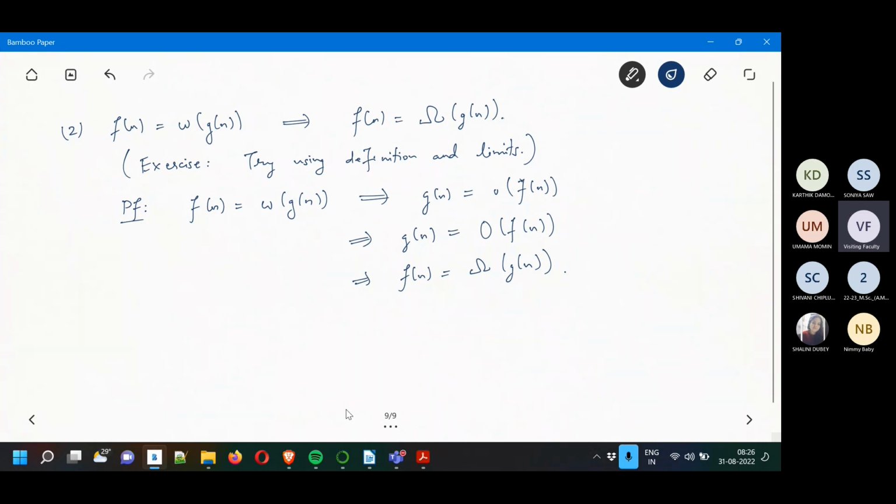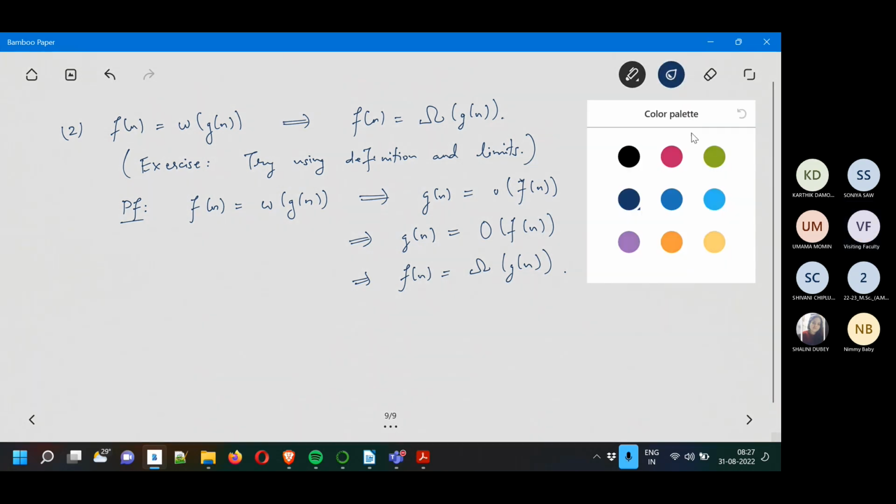So this if and only if thing between big omega, big O, little o, and little omega, check if it's not clear. Very, very easy to check. The definition just gets reversed. I think one of the two we have already done in the class, the other maybe we have not, but just go and check by definition. Two-line answer. Right? This is what it is.